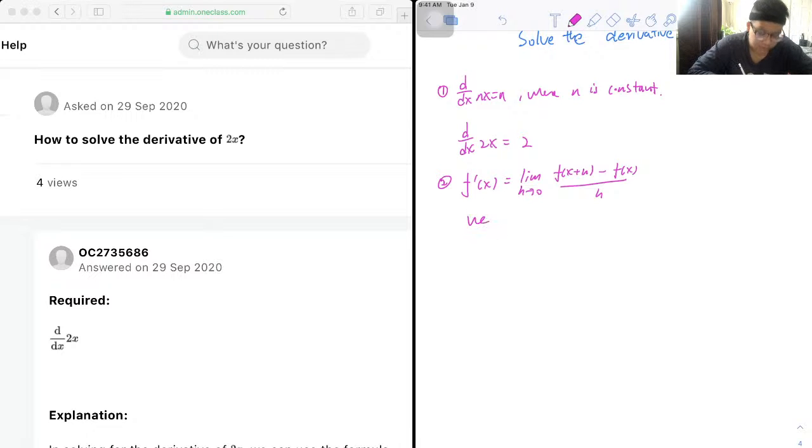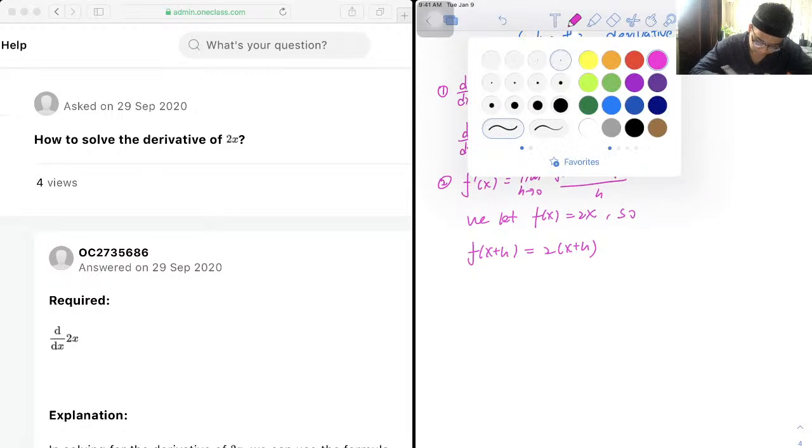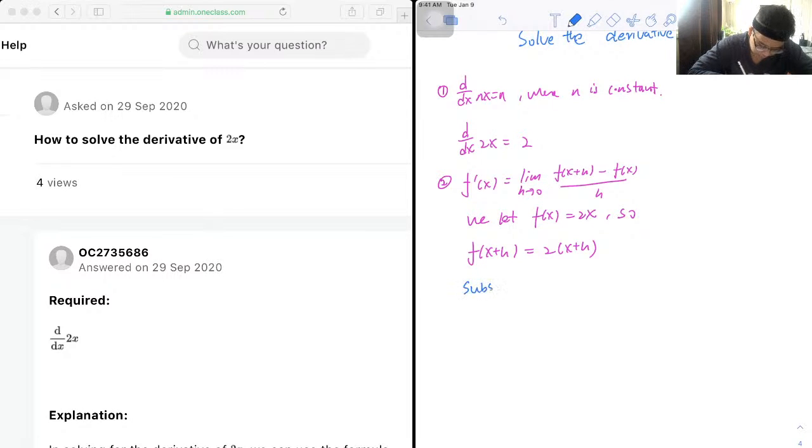And then we let f(x) equal 2x, so f(x+h) is equal to 2 times (x+h). And we're substituting this into the formula above.